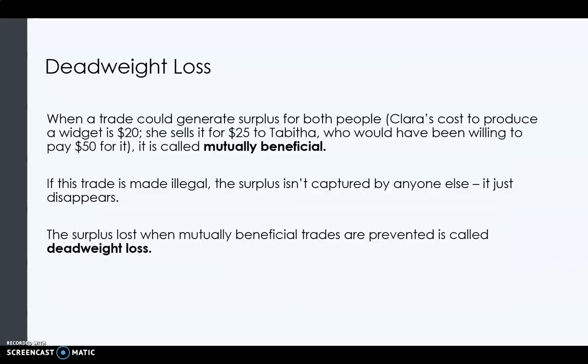What is a mutually beneficial trade? Well, when a trade could generate surplus for both people. Remember on a previous video, we had Clara producing widgets for $20, selling them for $25, to Tabitha, who would have been willing to pay $50. Both of them get a surplus from it, and it's called mutually beneficial. If this trade is made illegal and prevented, the surplus isn't captured by anybody else. It's not like somebody at the government is going, "Wha ha ha!